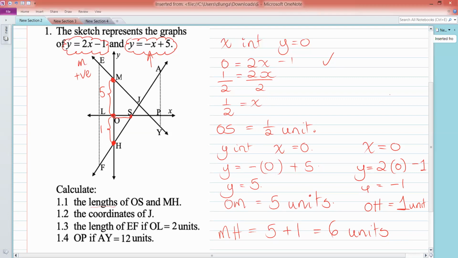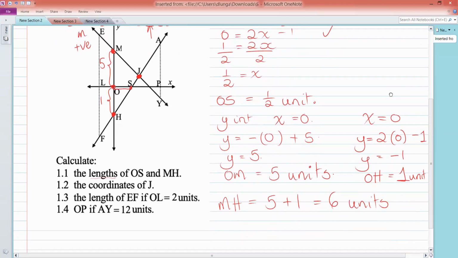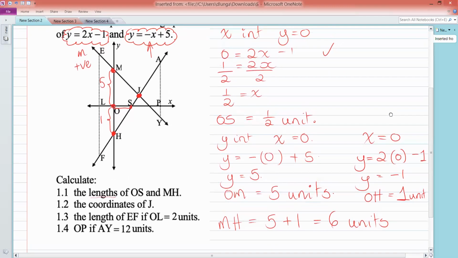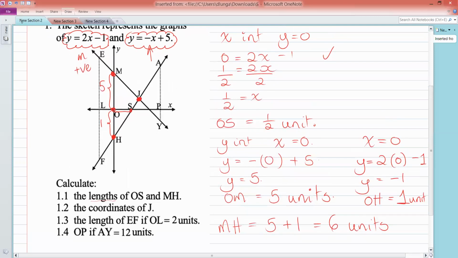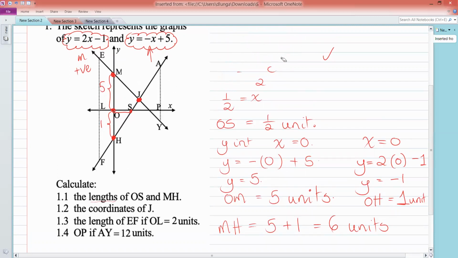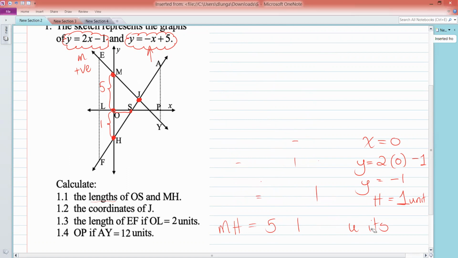Now, 1.2, let's look at what we're looking at. J, that's the intersection point between the two graphs. What do I do to work out what J is? You could use both equations. What am I going to do with both equations? You could say 2x minus 1 equals minus x plus 5, and then you carry it over.